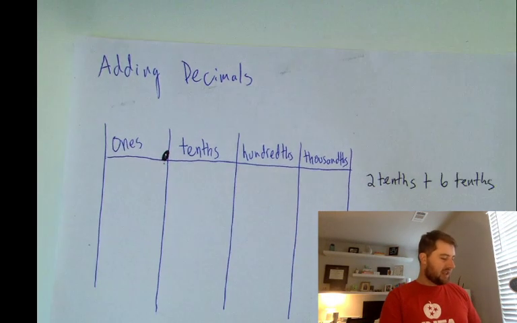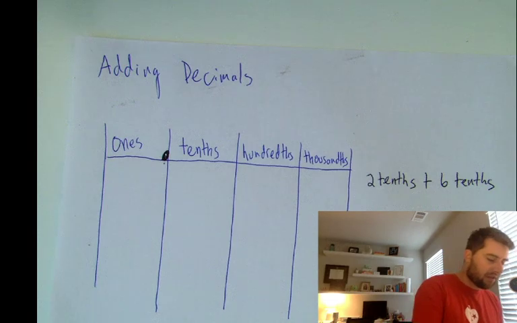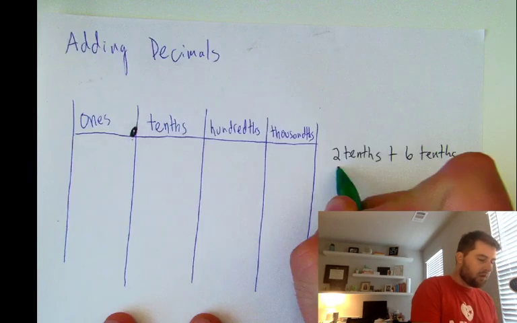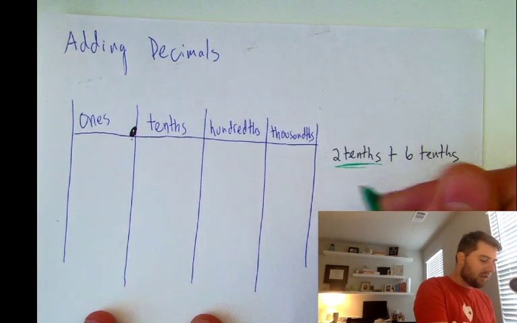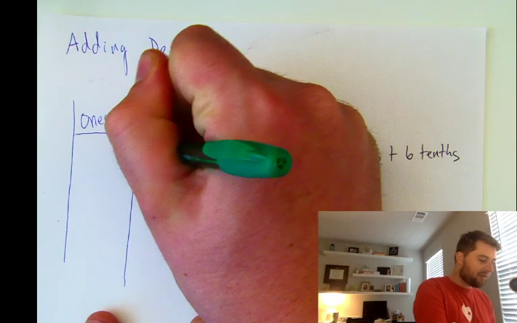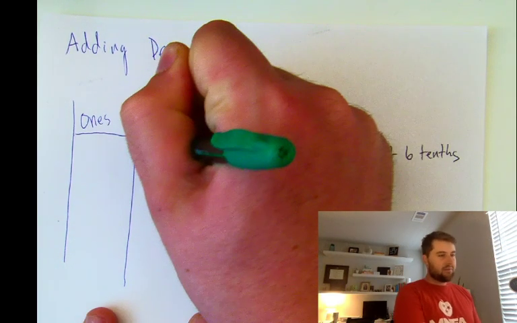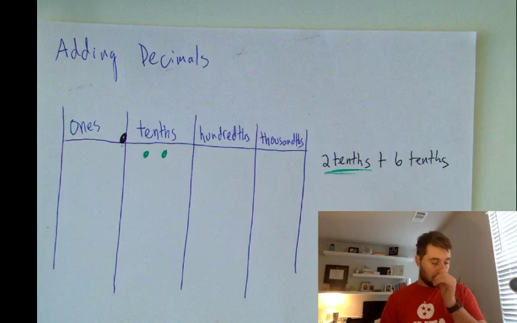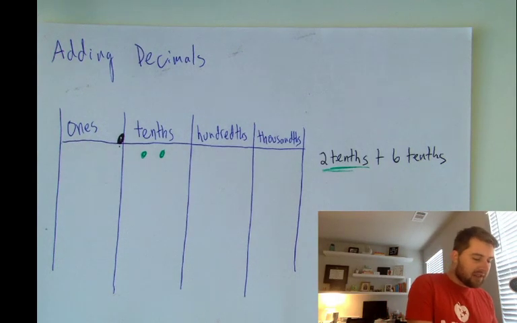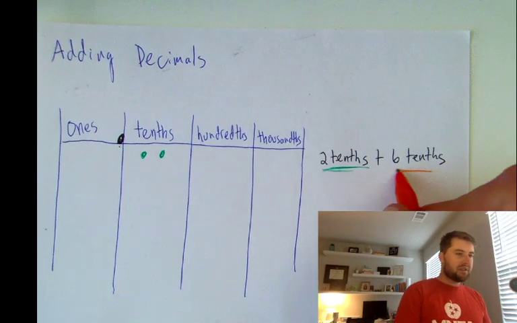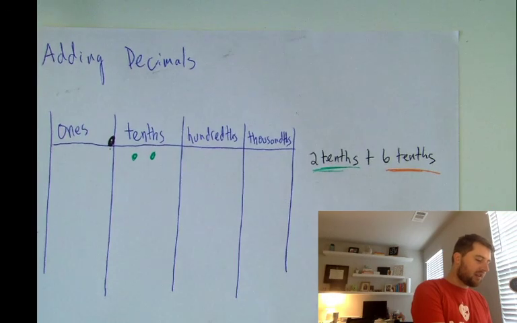And I really like to color code our work here. So as we are putting this first 2 tenths in, we're going to draw 2 tenths in our tenths column. That is just 2 dots for our 2 tenths. I'm going to make our 6 tenths orange, and we are going to put 6 more tenths in the tenths column.